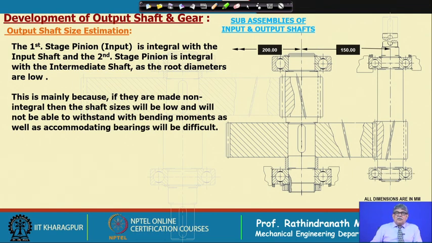And what might be the probable size of the shaft? In the intermediate shaft pinion we have taken 45 millimeter. So, in the output shaft, definitely the bearing size will be higher than that. First possibility is that at the step for bearings, we can keep the diameter around 50. That means we can consider the 6310 bearing.